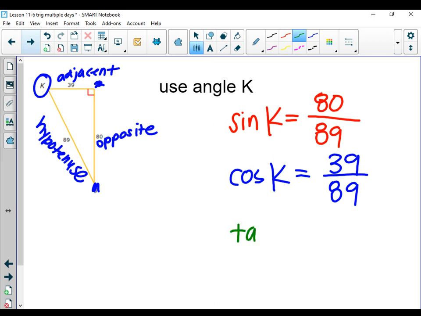Top of tangent, Zach. Tangent. The opposite. And what do you know that is? 80.